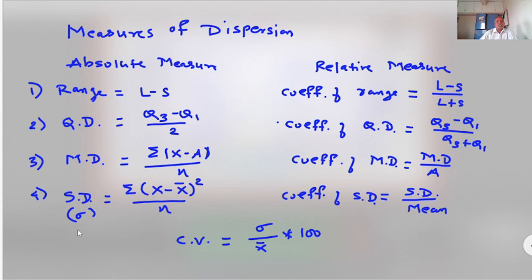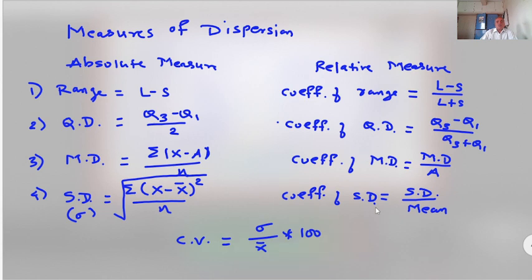Fourth measure of dispersion is called the standard deviation. It is denoted by SD, or the notation is sigma. The definition is: it is the positive square root of the arithmetic mean of the squares of deviations taken from the mean, that is the square root of summation x minus x bar whole square divided by n.